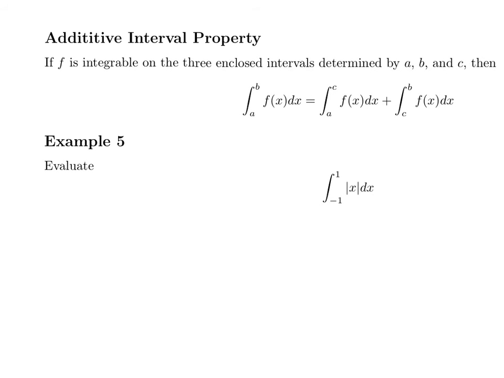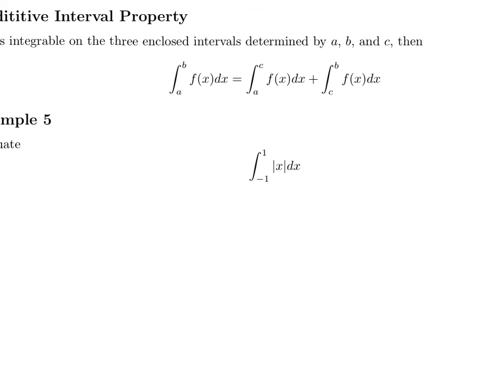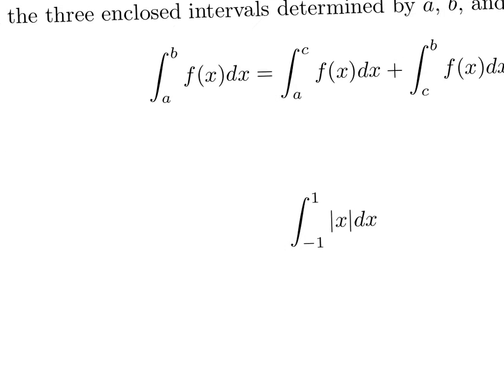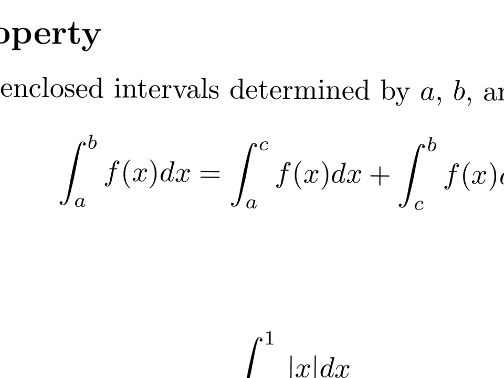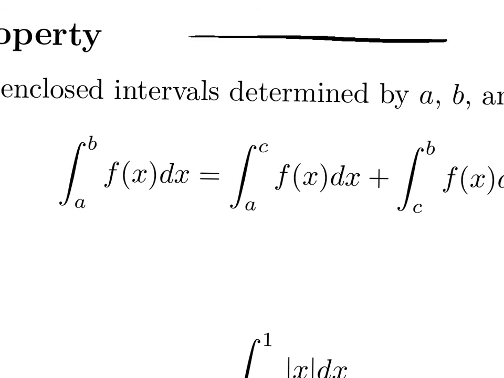If you can break a function up into different intervals, then you can separate the integral. So if you assume that c is some number between a and b, it can be anywhere.